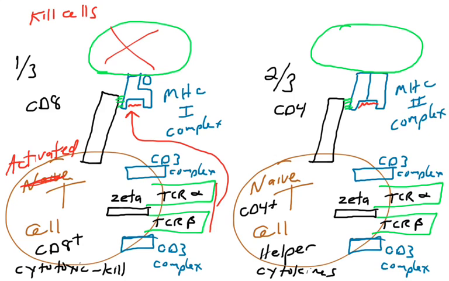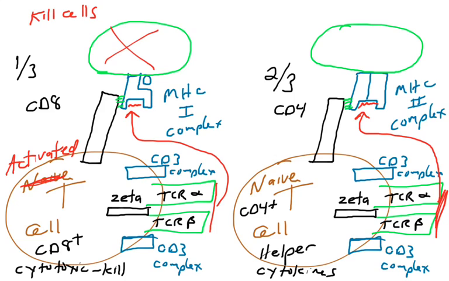On the other side, with CD4, the CD4 protein complex is going to allow this CD4 helper T cell to look at the peptide being presented to it by MHC2, and the T cell receptor will swing up there and look and see if it can bind that peptide. If it doesn't bind the peptide, then the T cell moves on to the next cell and wanders the body looking for a very strong binding.